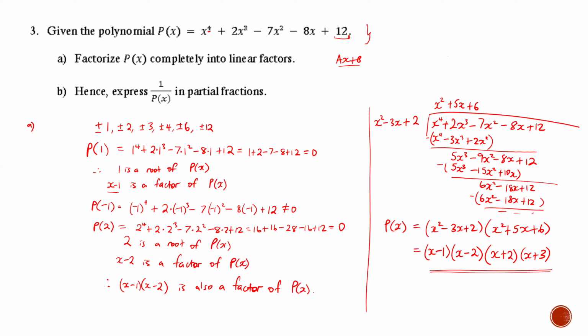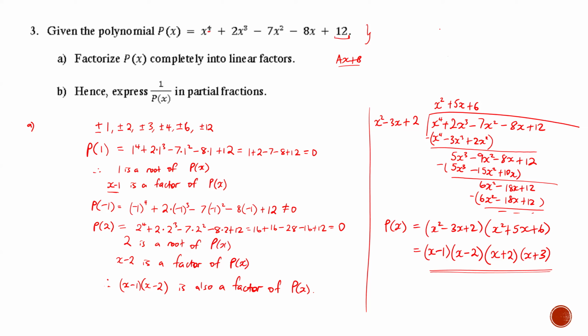And why do we get roots? Because when we get roots, we can get factors. Like we did here, we got x minus 1 as a factor when 1 is a root. Because when 1 is a root, x minus 1 is a factor. This comes from the remainder theorem.